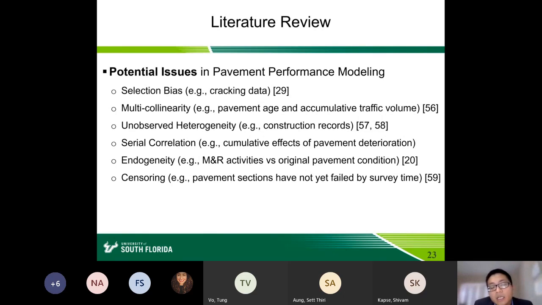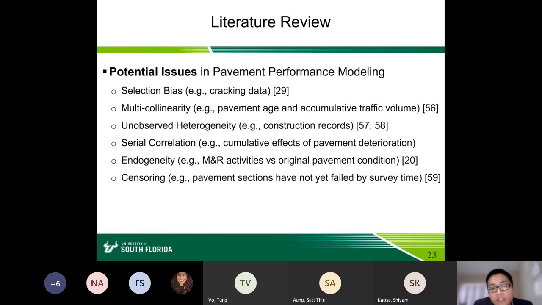The unobserved heterogeneity issue will occur when some unobserved factors are correlated with observed variables that are developed in the model. They may lead to an unobserved heterogeneity issue and may cause the parameter estimation bias issue.